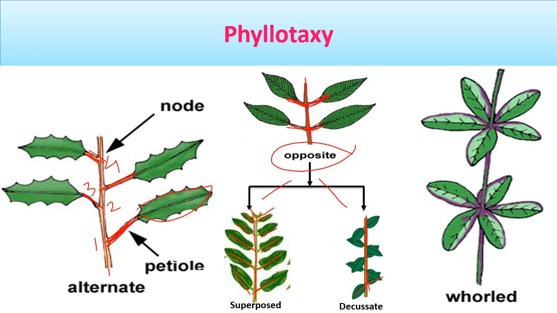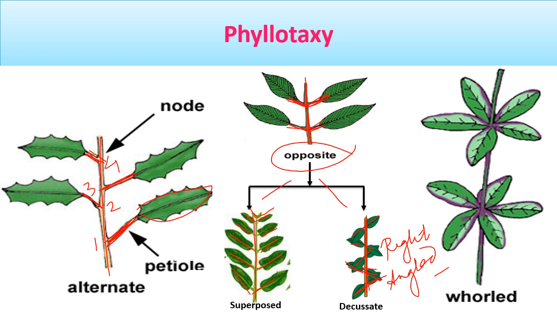One pair is this side, the other pair is this side. So every upper pair is exactly at a right angle to the first pair. So this is at a right angle to this, this is at a right angle to this, this is at a right angle to this. So this way they are alternating oppositely and decussately with every next pair.